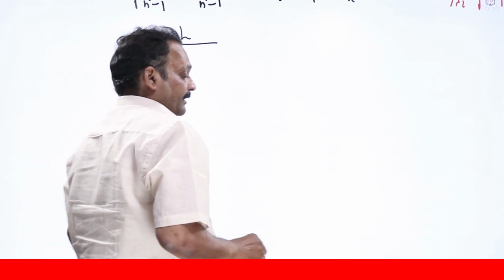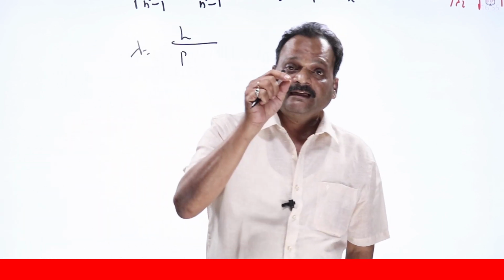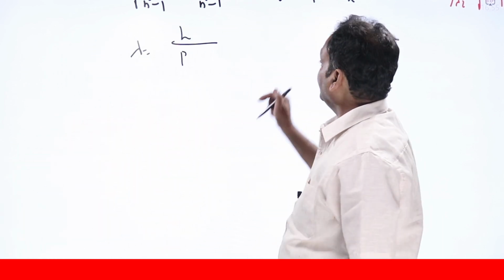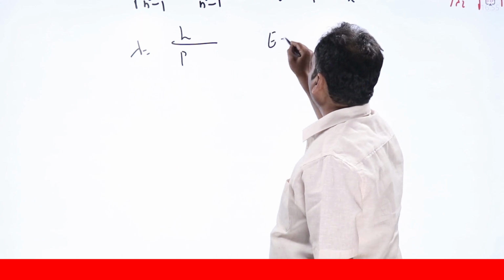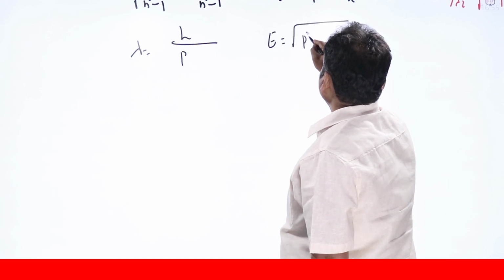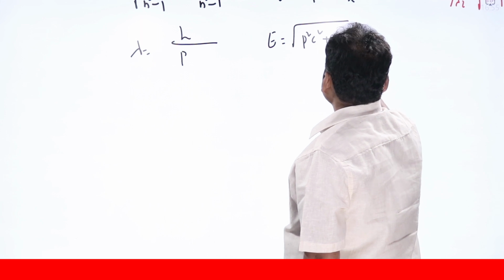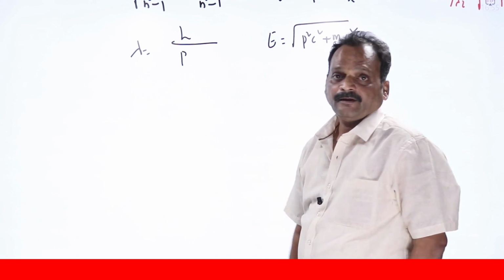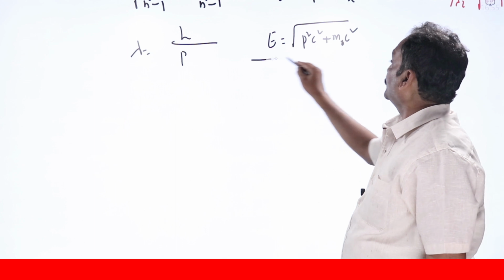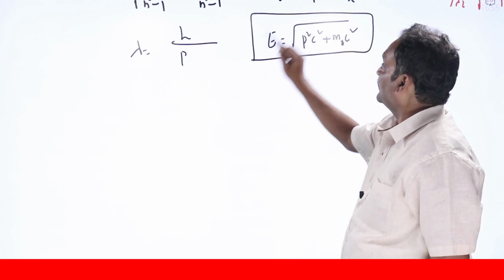For a relativistic particle, the total energy is given as E equal to under root p square c square plus m naught square c to the power 4. This is the expression for total energy according to relativity.